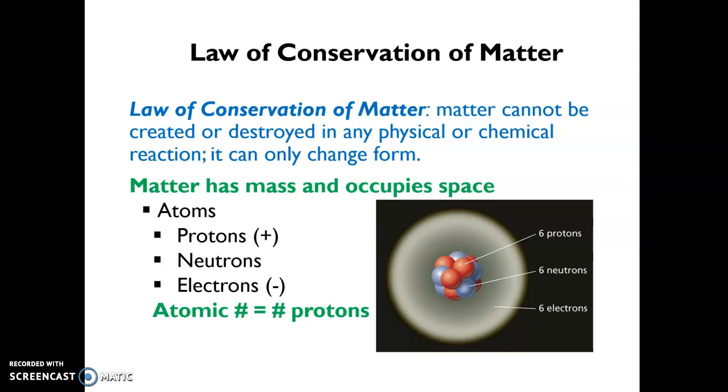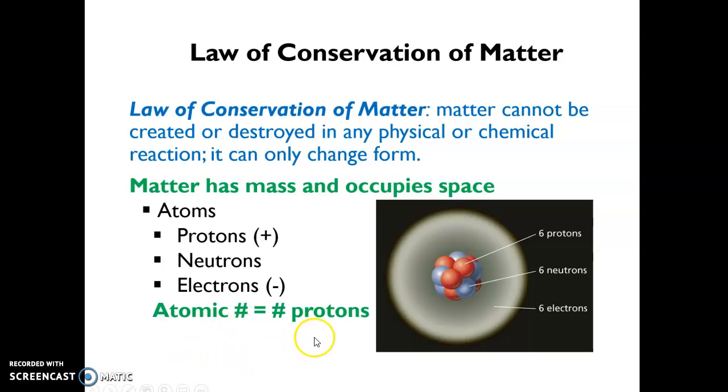If you have an atom that has 1 proton in its nucleus, or an atomic number of 1, that atom is hydrogen. And if you have an atom which has an atomic number of 8, or 8 protons in the nucleus, then that atom is oxygen.